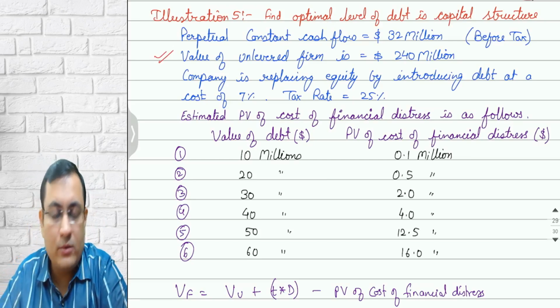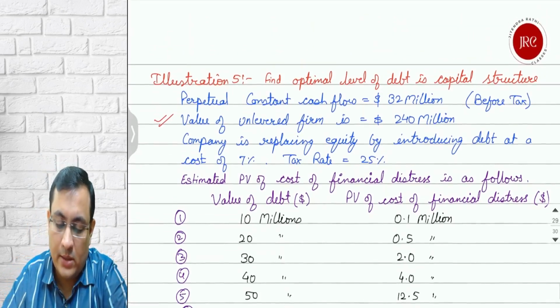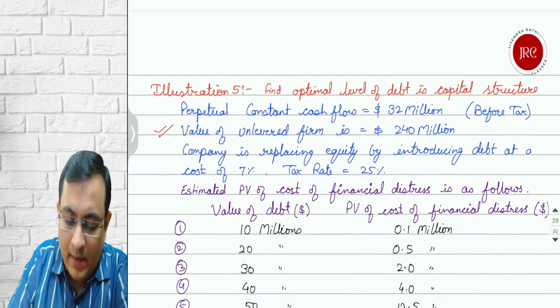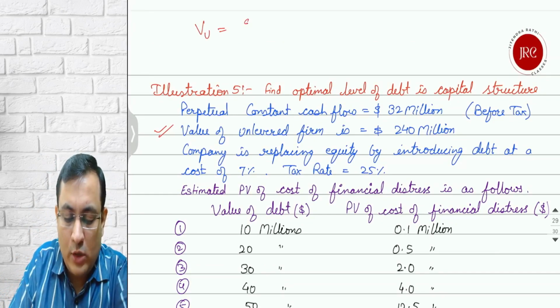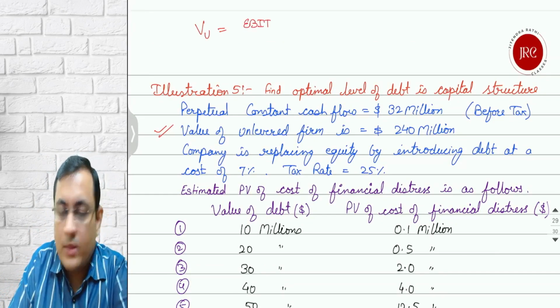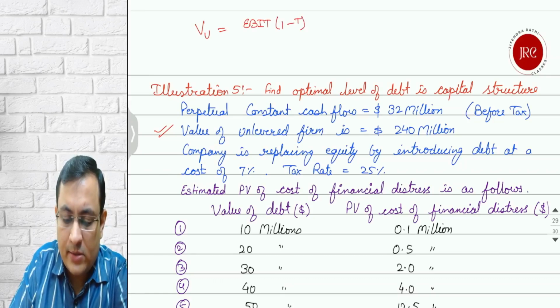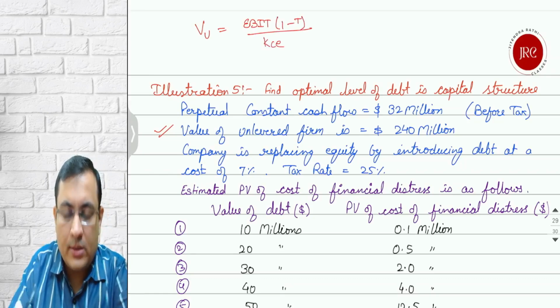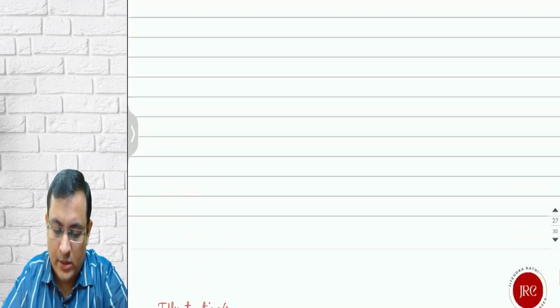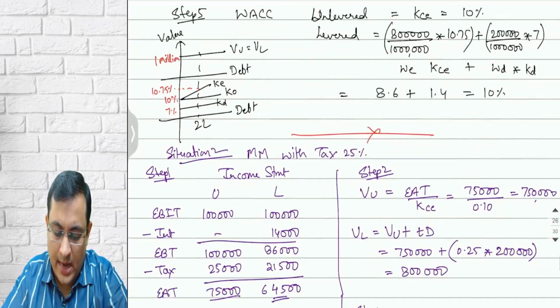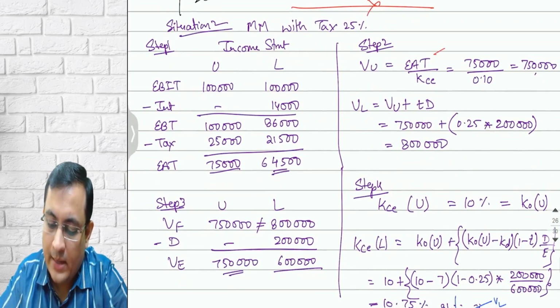We can of course calculate cost of equity also from this calculation, because value of unlevered is equal to EBIT. There is no interest, so you have to pay taxes, upon cost of equity. This same formula we have already used in this illustration as step number 1. This is the formula EAT. What is EAT?